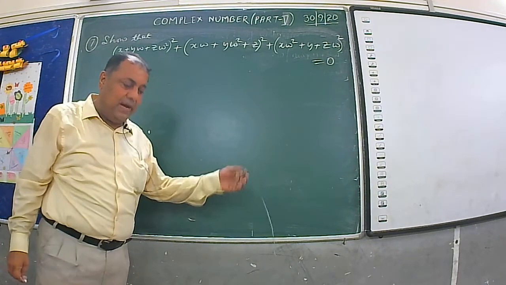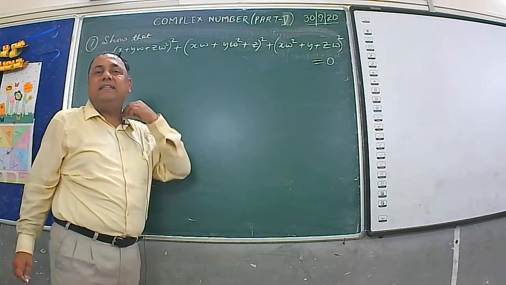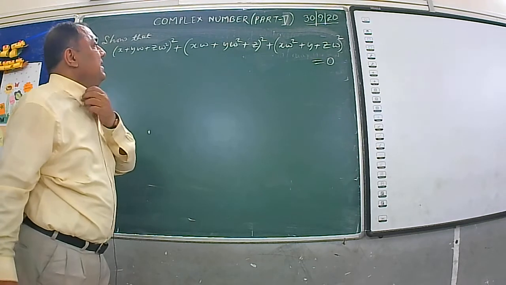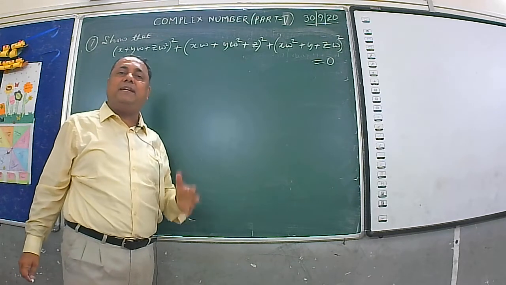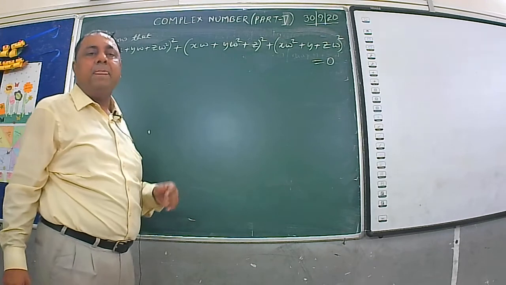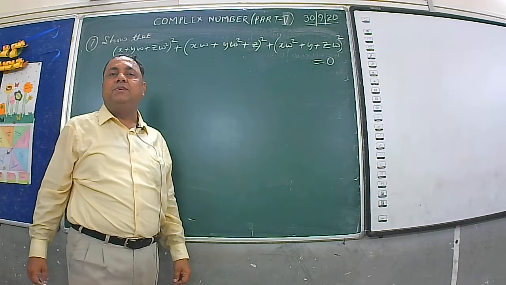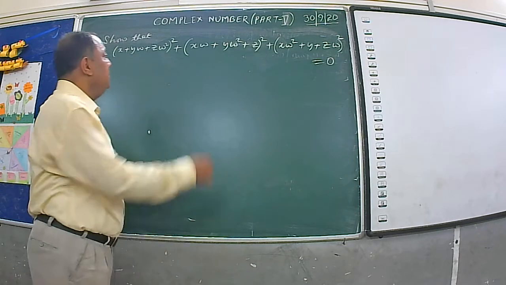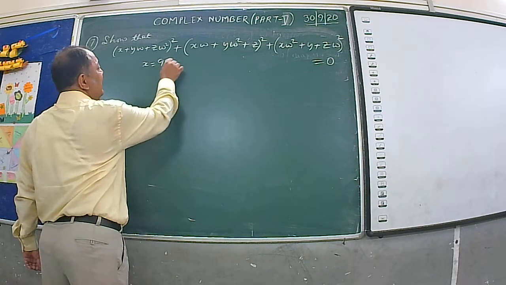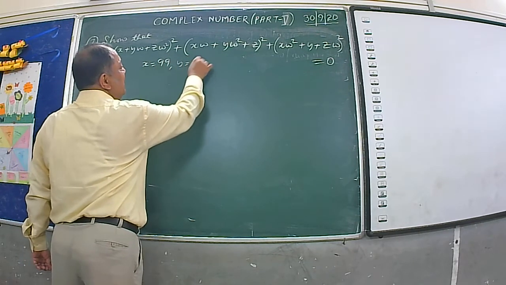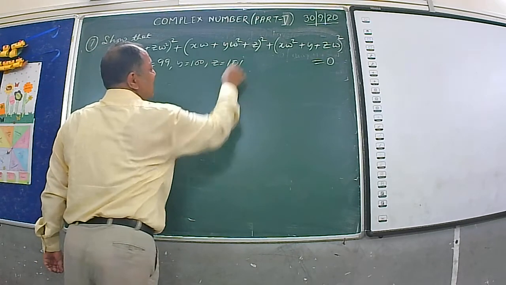Now, I have chosen this particular problem. The reason is very simple. Here, our problem is in terms of x, y, and z. In different competitive exams, you may be given a problem where x is replaced by say 99, y is replaced by 100, or z is replaced by 101.